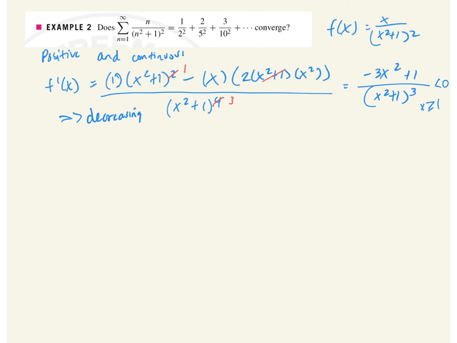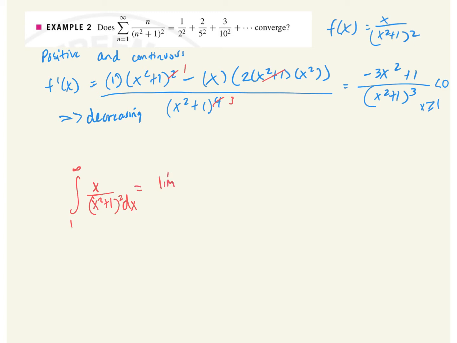So now we can say the integral from 1 to infinity of x over x squared plus 1 squared dx is equal to the limit as r goes to infinity. But in order to do the integral, we need to do some u sub work.